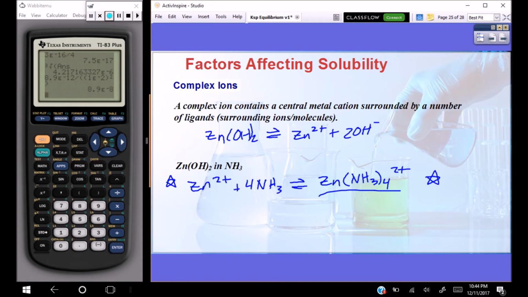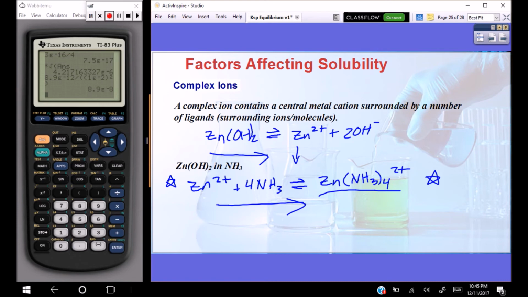If I have zinc 2 plus being used up, this will essentially go to completion. These complex ions typically have very large K values, so this will essentially shift to completion. If we shift, that means my concentration of zinc in my original equilibrium goes down, and we now need to dissolve more to replace that. It's a giant equilibrium game.